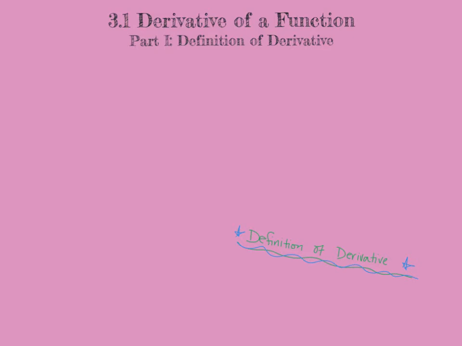We saw in section 2.4 that in order to find the instantaneous rate of change, or the instantaneous slope at any point a, what we did was we found the limit as h went to 0 of f of a plus h minus f of a all over h.